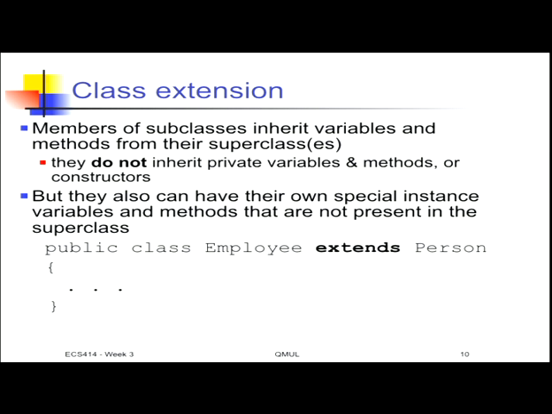So they have whatever is not private in the superclass plus whatever we declare in that subclass. And this is how we declare a subclass. So we say public class, say, Employee extends Person. Extends is the Java keyword for inheritance.